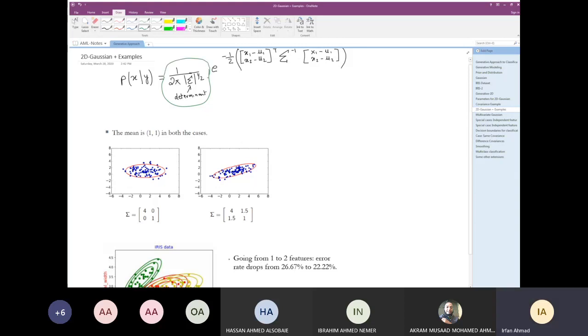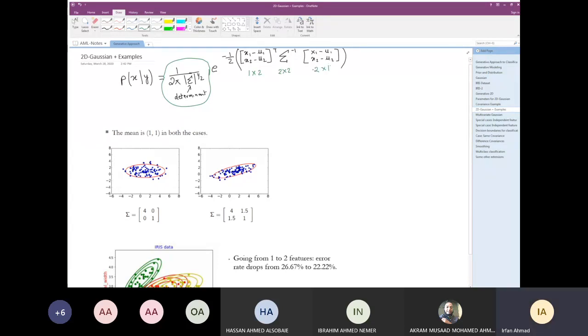Now let's make sure that the whole thing at the end gives you one value. If you see the dimensions here, this is going to be 1 times 2, and this is the inverse of a covariance matrix, so it is 2 times 2, and this is 2 times 1, right?